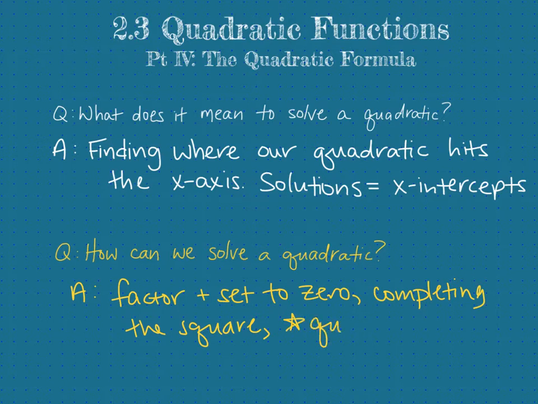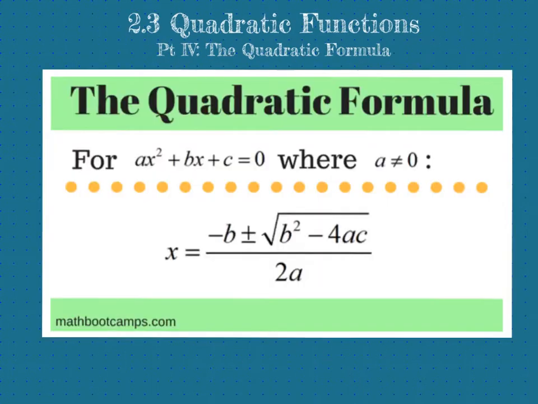If you forget factoring, if you can't complete the square, using the quadratic formula will always give you answers to your quadratic, no matter what the quadratic looks like. If it's pretty and factorable, if it's really ugly, whatever types of solutions it has, the quadratic formula has got your back. All right, this handy-dandy equation is right here, so make sure that you have this written down.